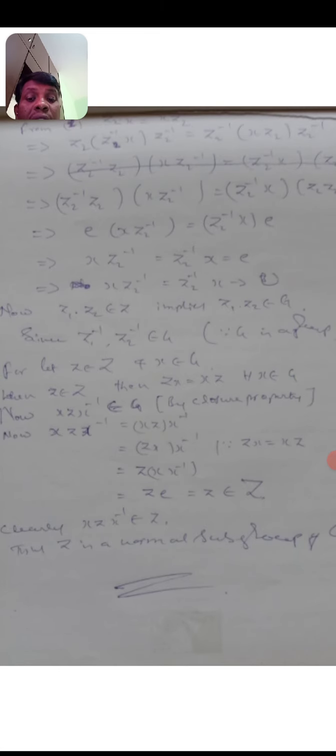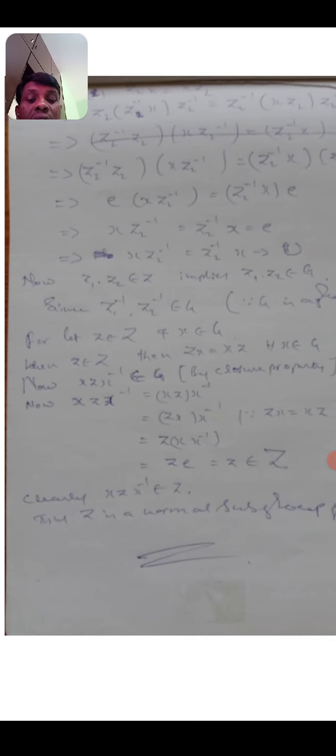Now x z x inverse is equal to z x x inverse, since zx is equal to xz, that is z times x x inverse, where x x inverse is the identity element e. So that is z, which belongs to the center Z. Clearly x z x inverse belongs to Z.